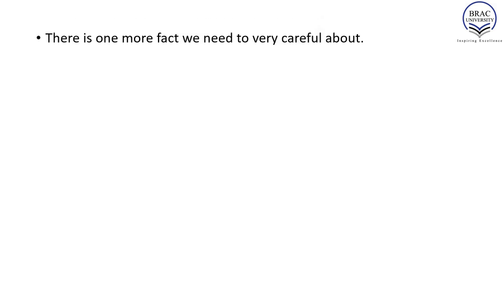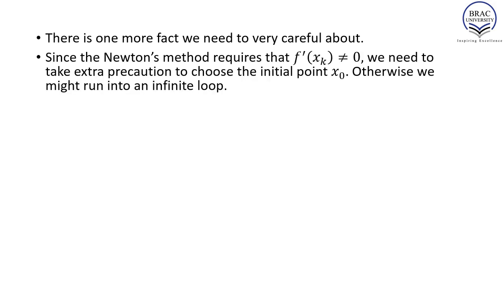There is one more fact we need to be very careful about. Since the Newton method requires that f prime, the first derivative, cannot be 0, we need to take extra precaution to choose the initial point x0. Otherwise, we might run into an infinite loop.